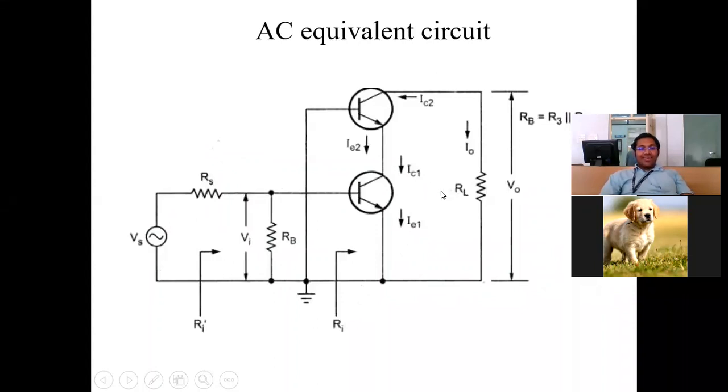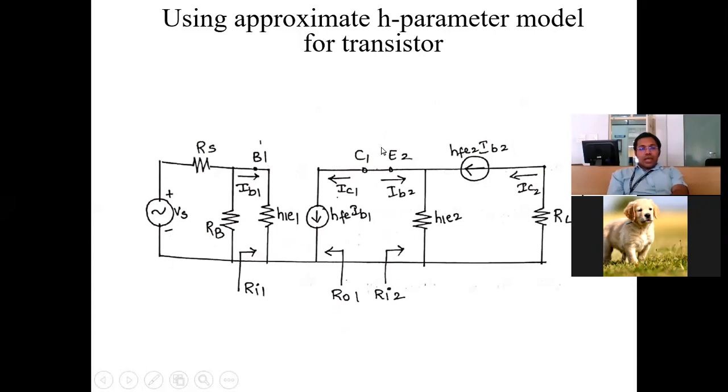Next, between collector and emitter, I should take HFEIB. So the emitter is grounded. Collector I should write at the right. Between collector and emitter, I should write HFEIB. So HFEIB between collector and emitter, this one.